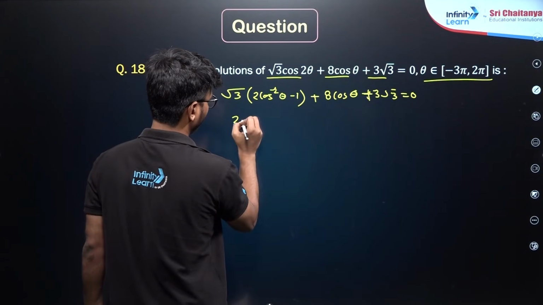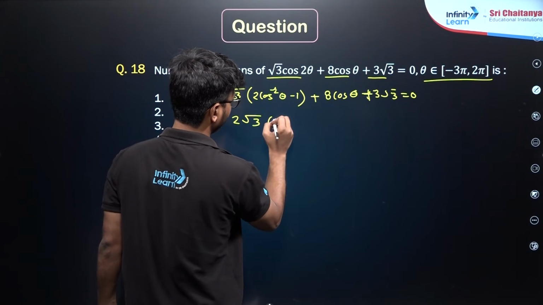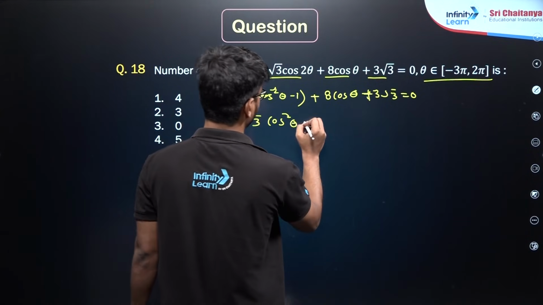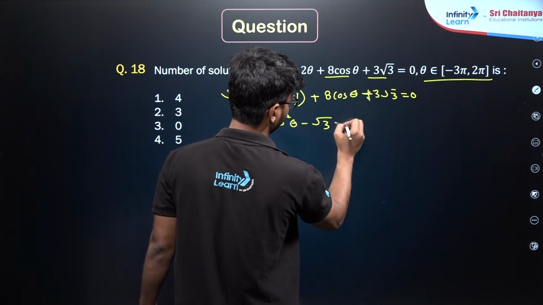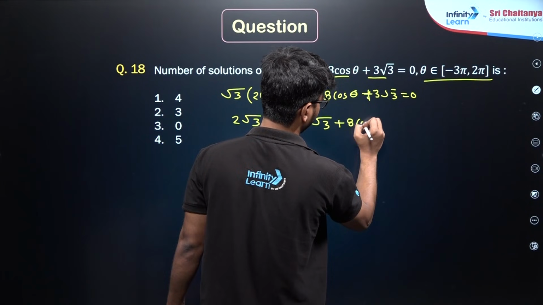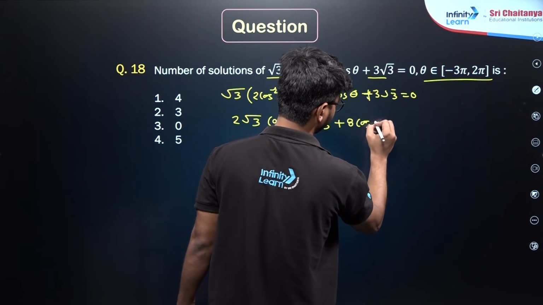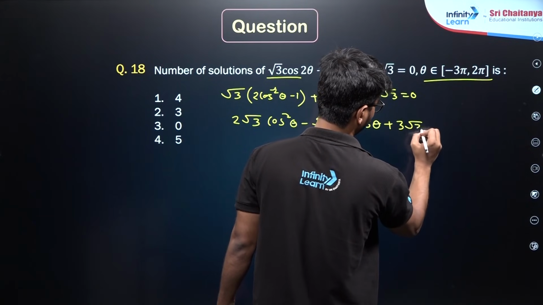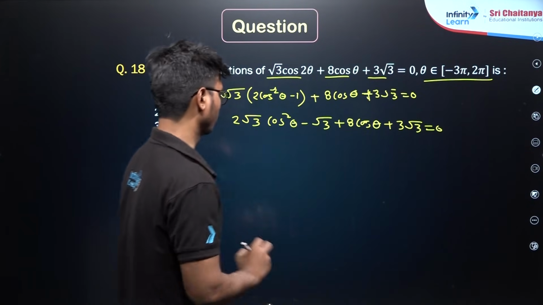So it will be 2 under root 3 cos square theta minus (under root 3 plus 8) cos theta plus 3 under root 3 equals to 0.